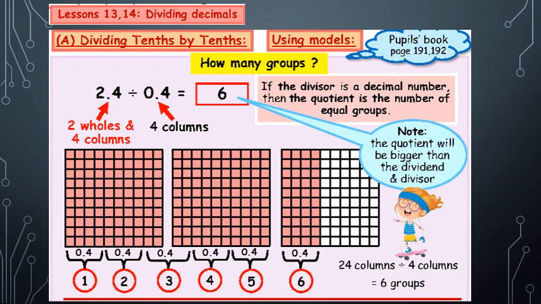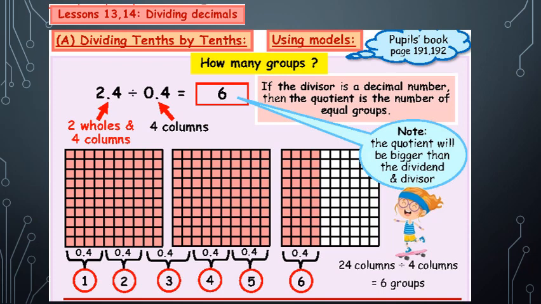2 and 4 tenths divided by 4 tenths. 2 whole and 4 tenths. We color the dividend: 2 whole and 4 columns, 4 tenths. We will divide it into 4 tenths.